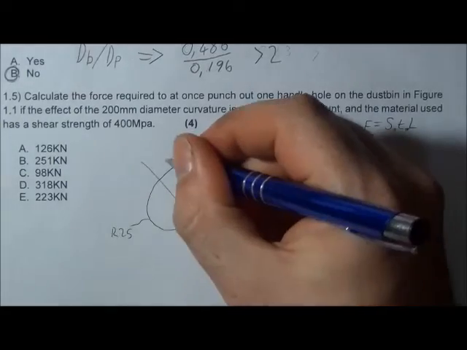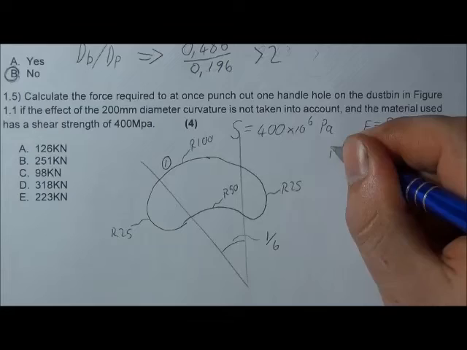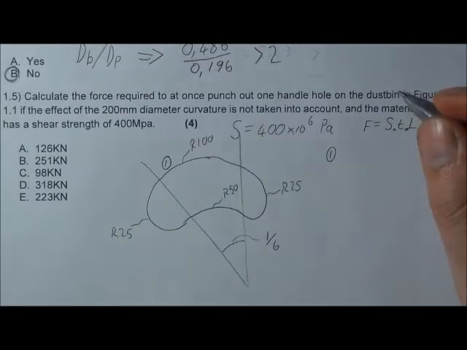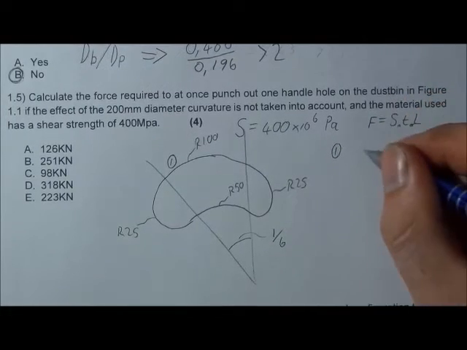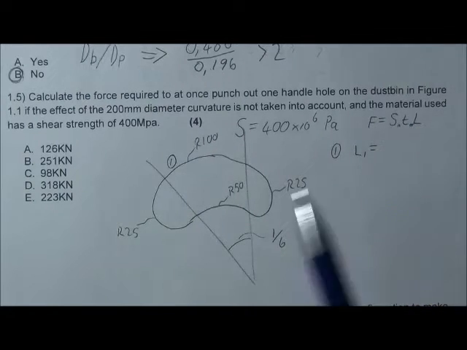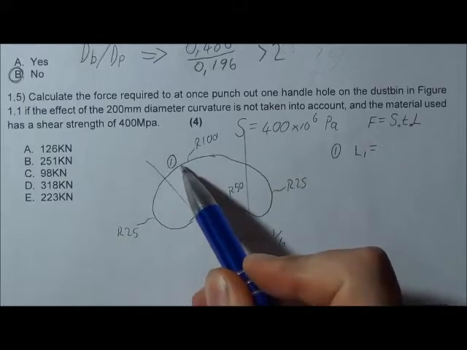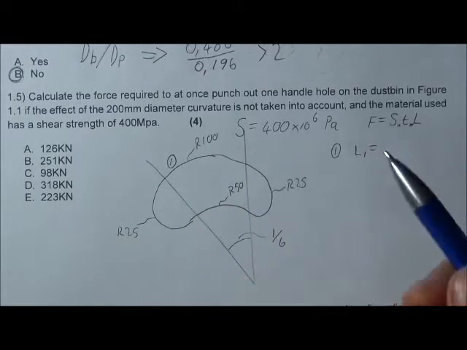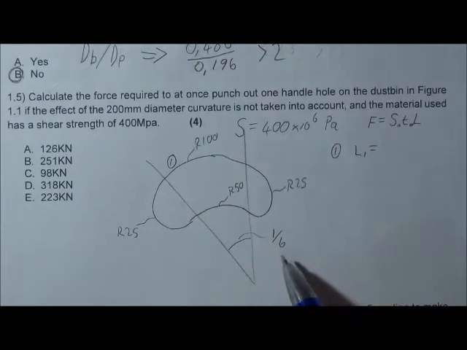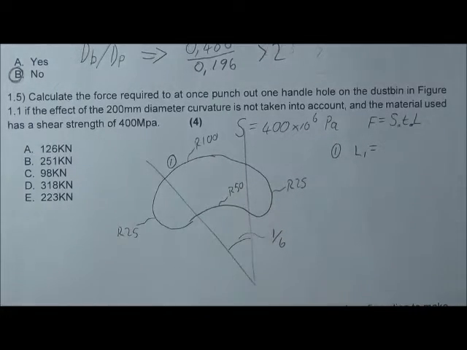Arc length for, let's call this number 1. For number 1, the length is, how will we calculate this? This is a radius 100 and we are given that it is 1/6 of a circle. So we can calculate the circumference of a complete circle and then divide that by 6.